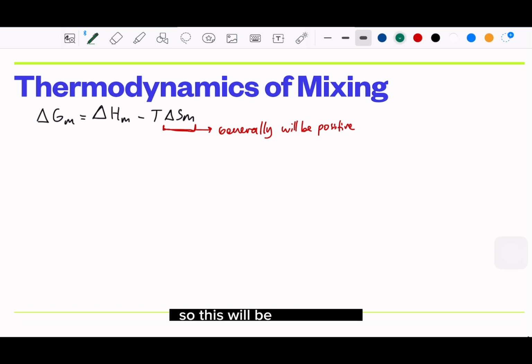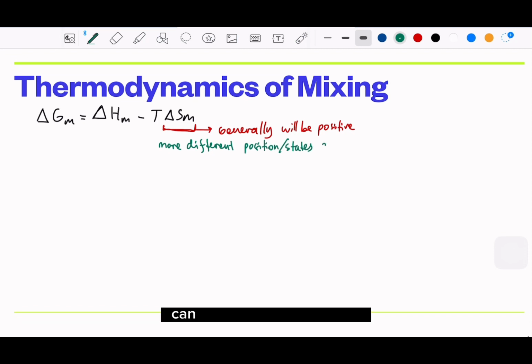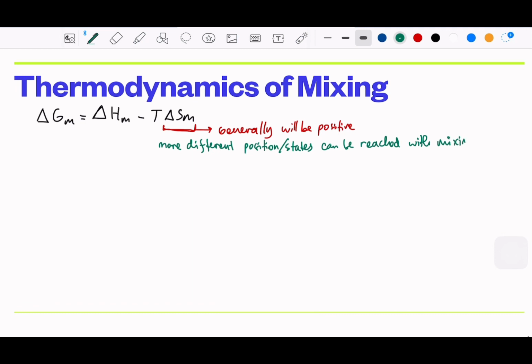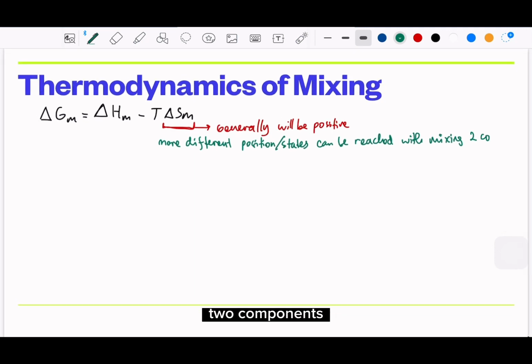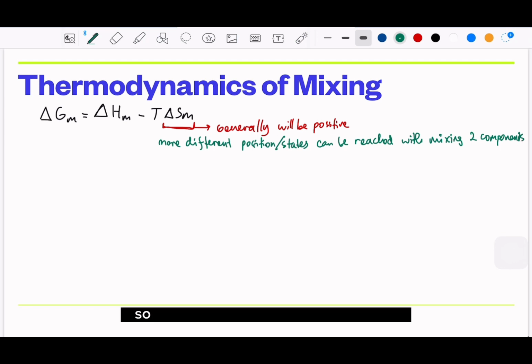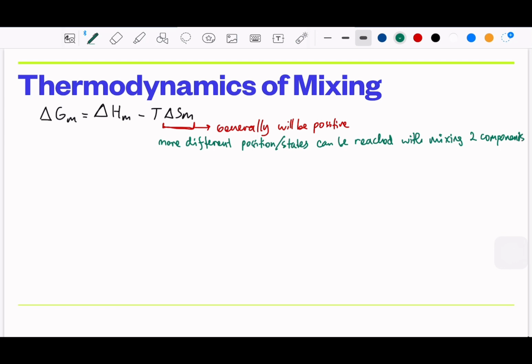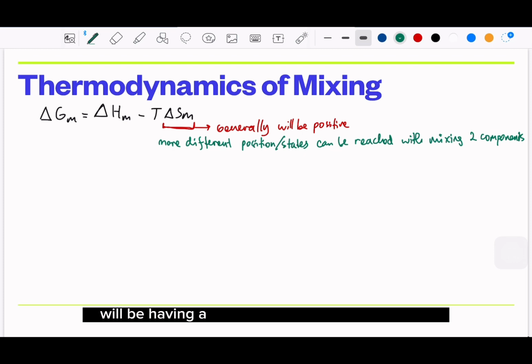So this means more different positions or states can be reached with mixing two components. So whether it's going to be high or low, the term for delta S will usually be positive for mixing. And so now, what happens with the enthalpy?